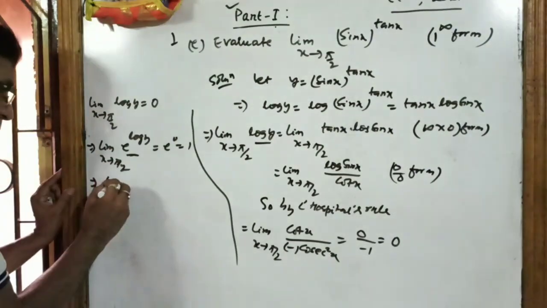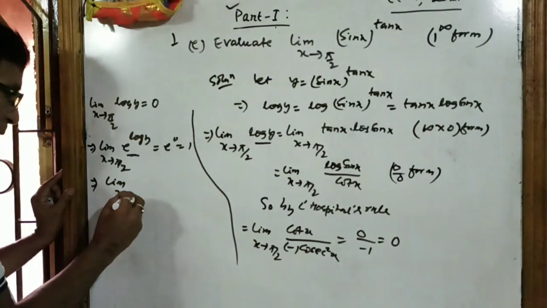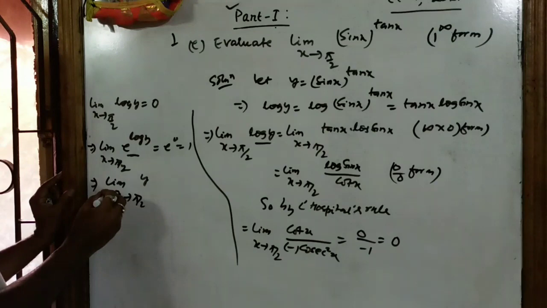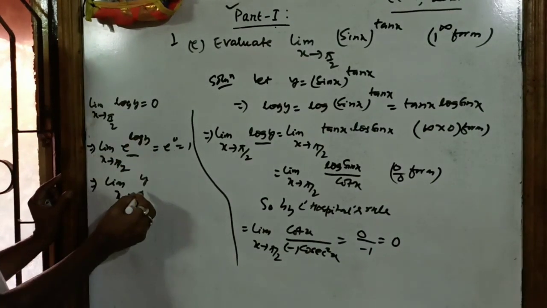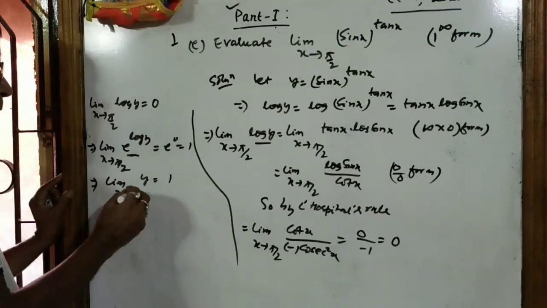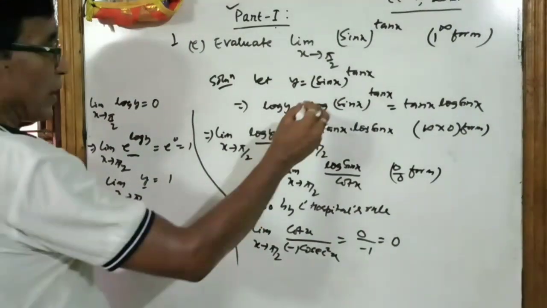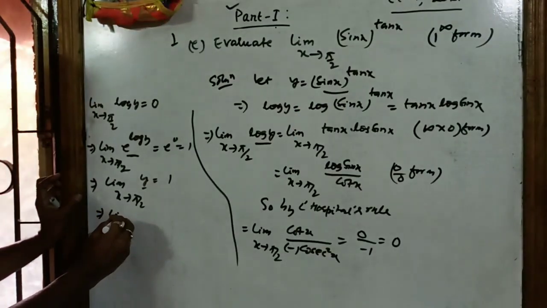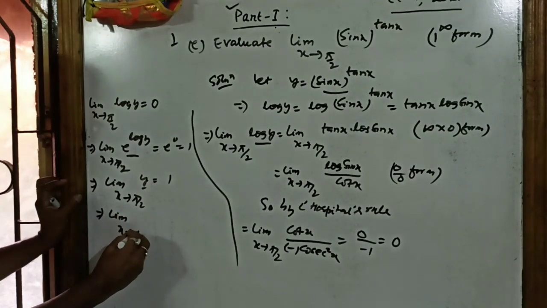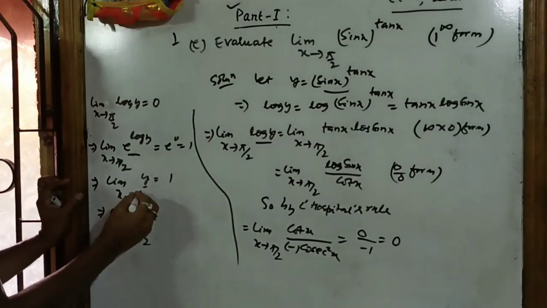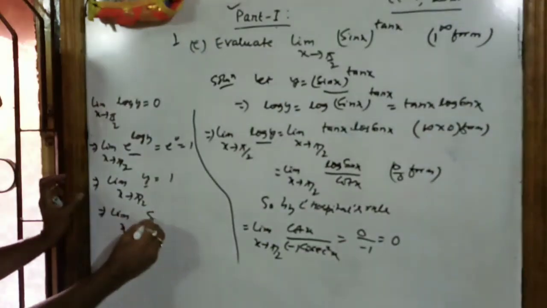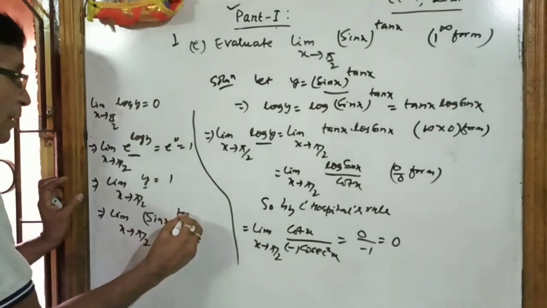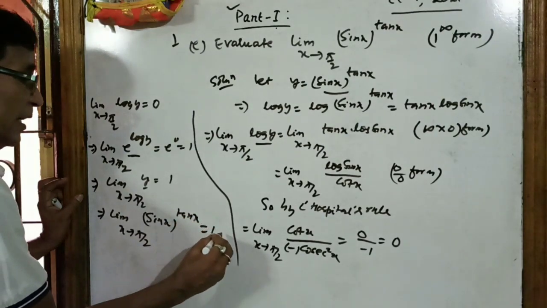So that means the limit x tends to pi by 2 of y tends to 1. Now substitute the value of y. Y is sin x whole to the power tan x. So that will tend to 1. So it is the answer of this.